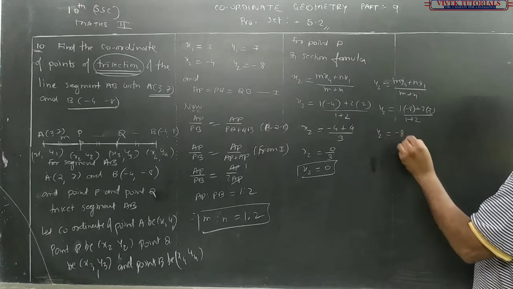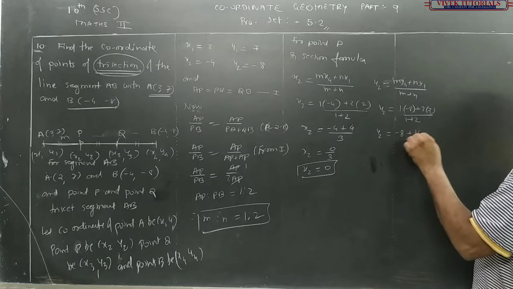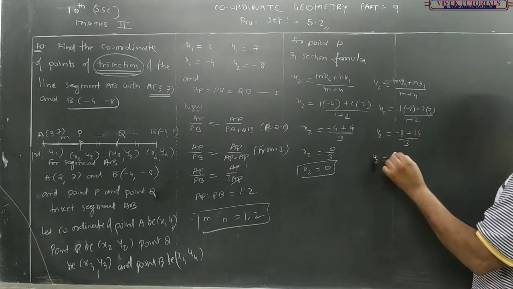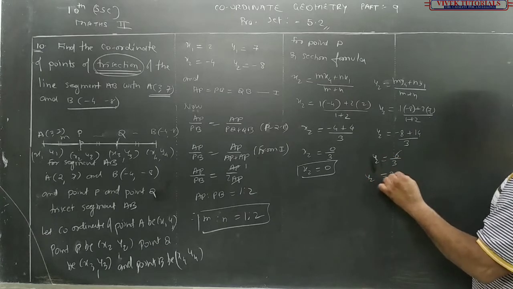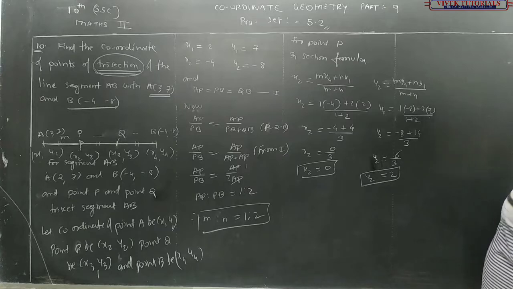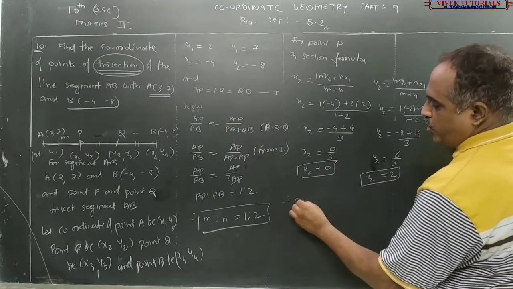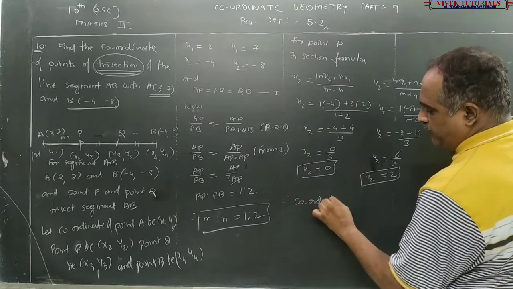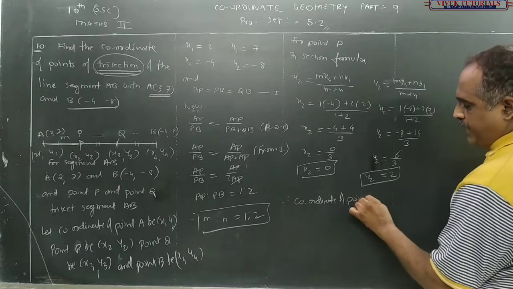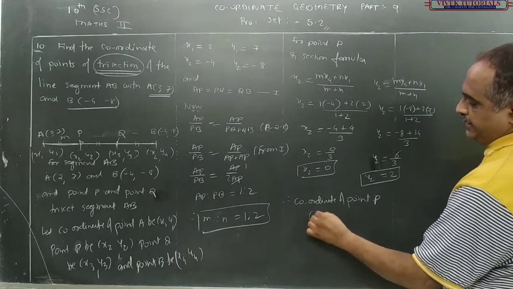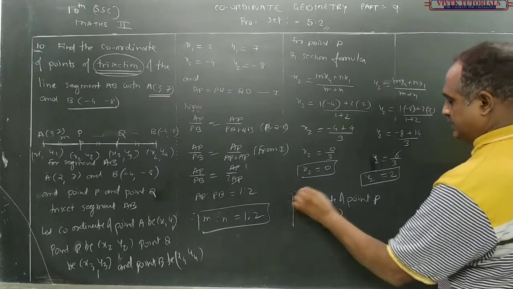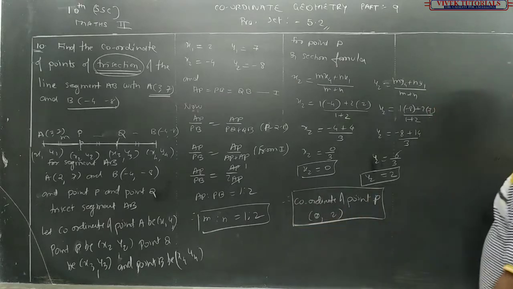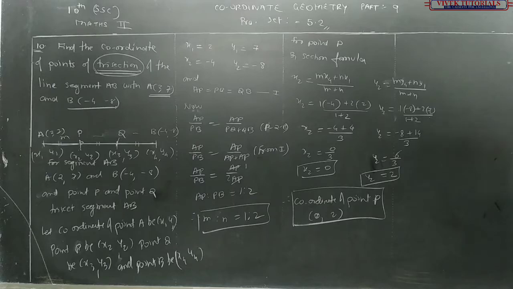So y2 is equal to -8 plus 14 upon 3. y2 is equal to 6 upon 3, and y2 is equal to 2. Therefore, the coordinates of point P are 0, 2. That we are going to put in a box. Is it right? Have you understood now?